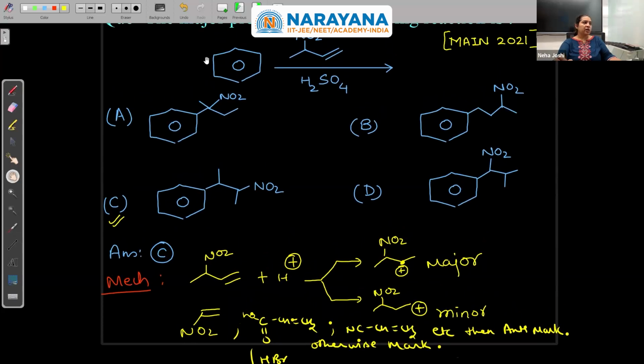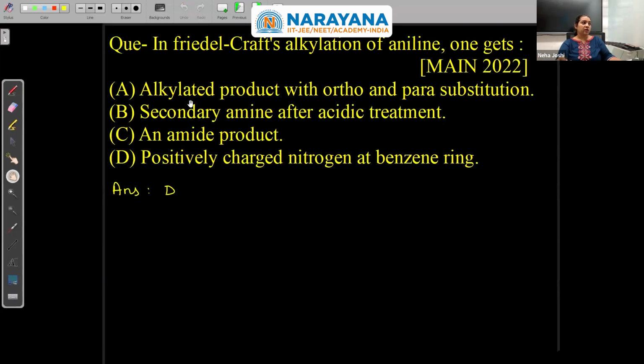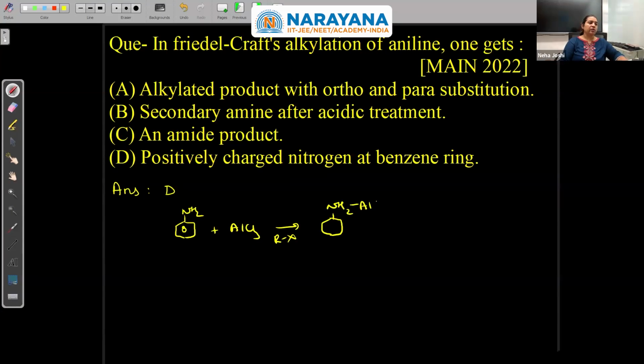Coming to another question: in Friedel-Crafts alkylation of aniline, one gets what? Alkylated product with ortho-para, no. Secondary amine, no. An amide, no. Positively charged nitrogen at the benzene ring. That is what we just said: if I have aniline and we take AlCl3, then instead of alkyl halide RX, it starts attacking at this AlCl3, plus and minus.